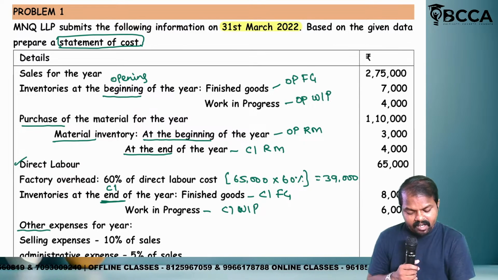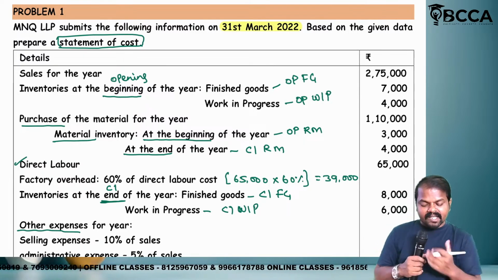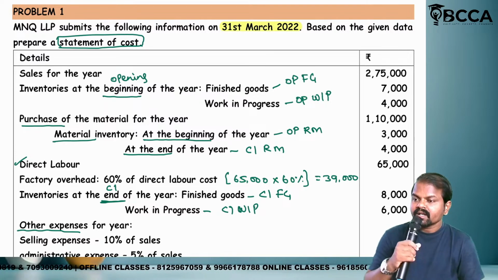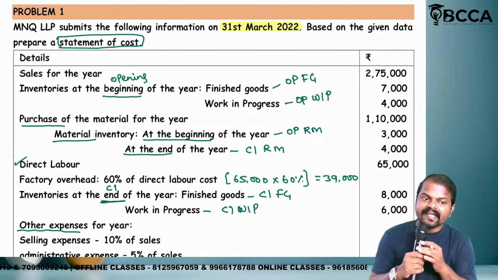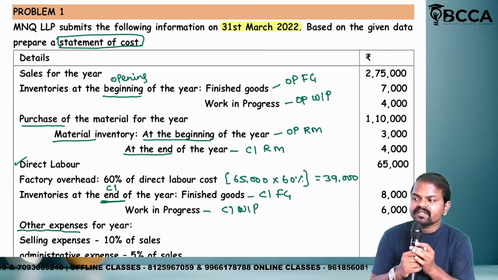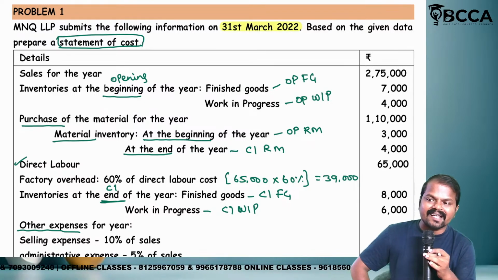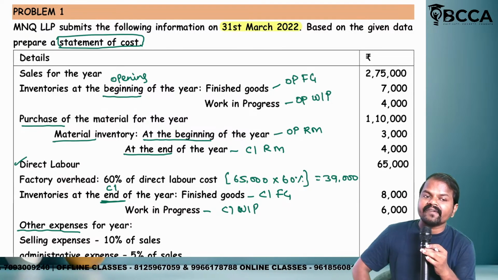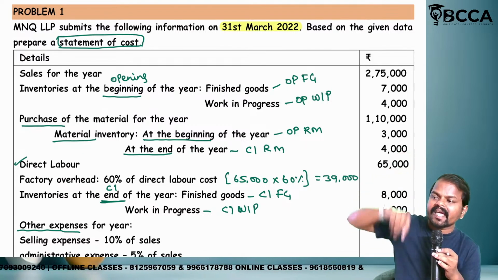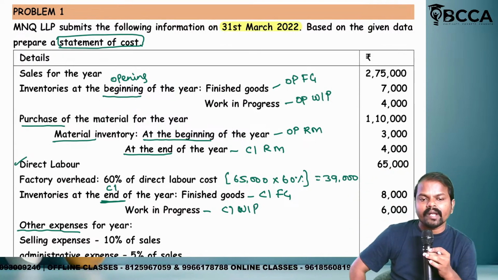Next, underline the words "other expense". What is the other expense I gave? Selling expense. Selling expense means SOH. How much they gave? 10% of sales. What is the sales? 2,75,000. How do you know? In the first line they gave sales equal to 2,75,000.